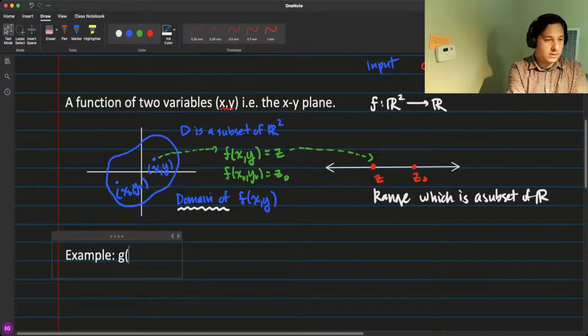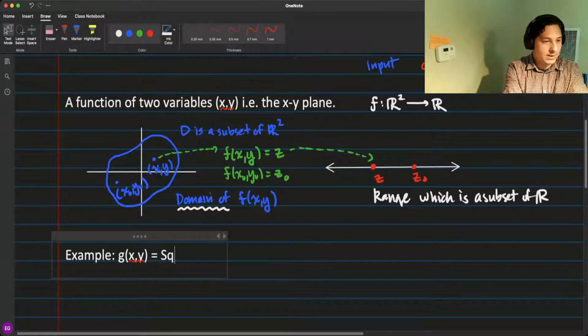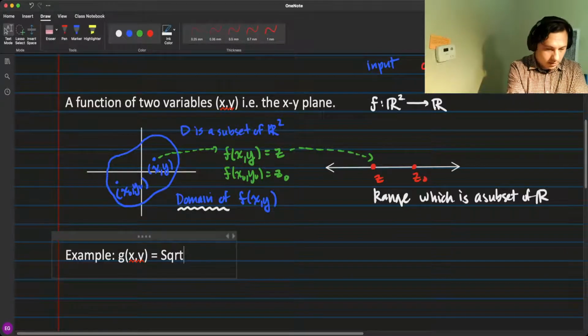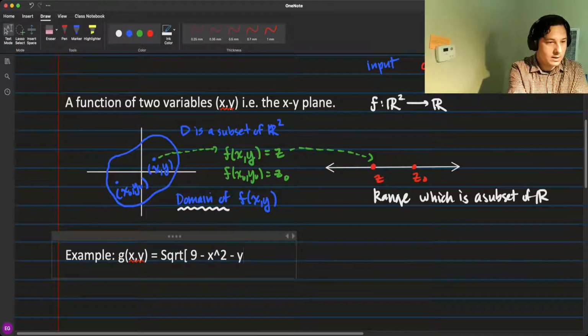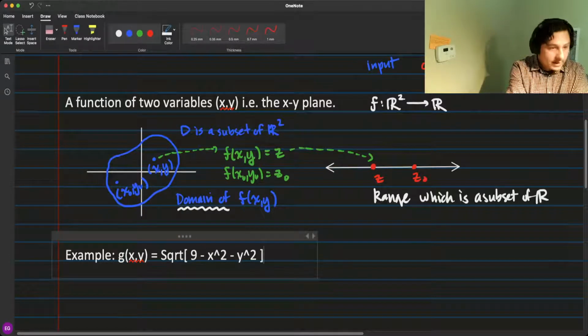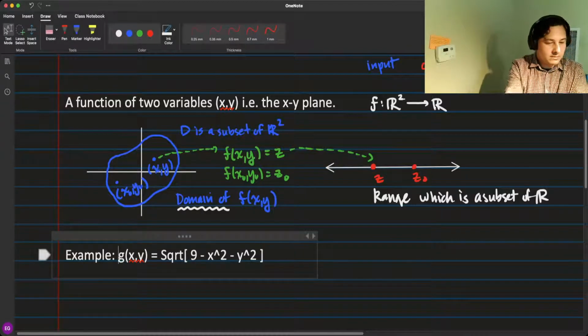Let g of x, y be equal to the square root of 9 minus x squared minus y squared. And what I want to do is find the domain and range.